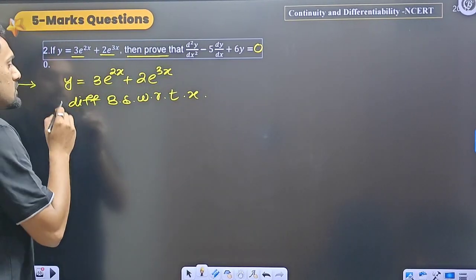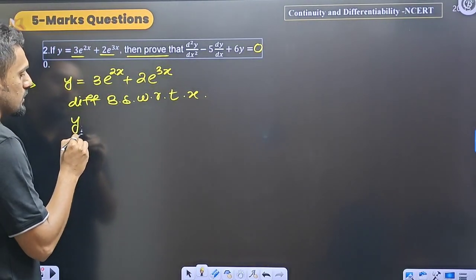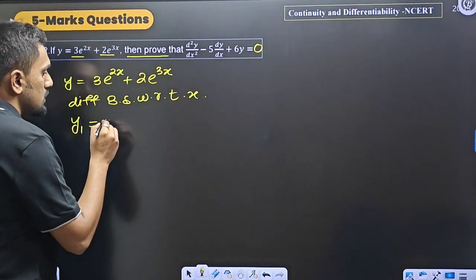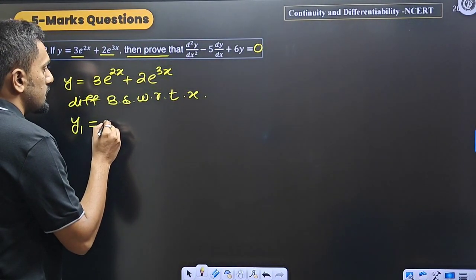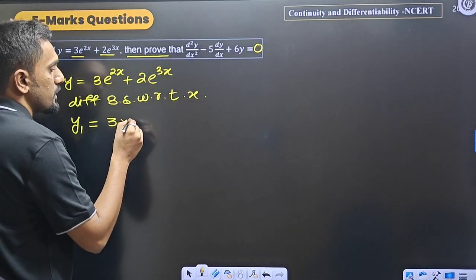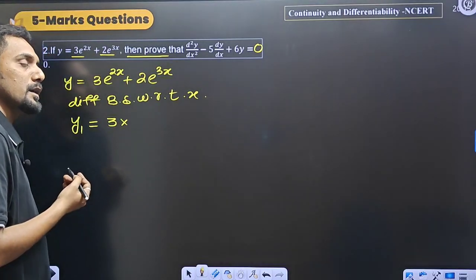So if I differentiate for the first time, then you will get y1. y1 is equals to 3 into the derivative of e raised to the power 2x. You can use the formula: what is the derivative of e raised to the power ax?